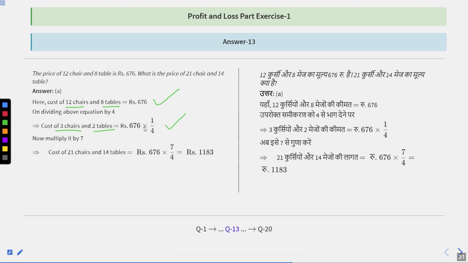We need to find the cost of 21 chairs and 14 tables, so we multiply by 7 on both sides. So the cost price of 21 chairs and 14 tables will become 676 multiplied by 7 by 4. When we calculate it, we get 1183 rupees. So A is the correct answer. Next one.